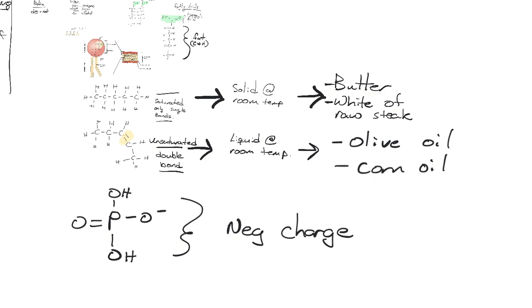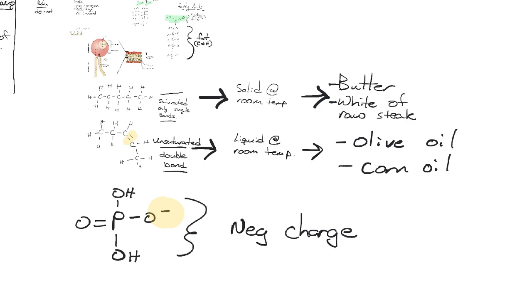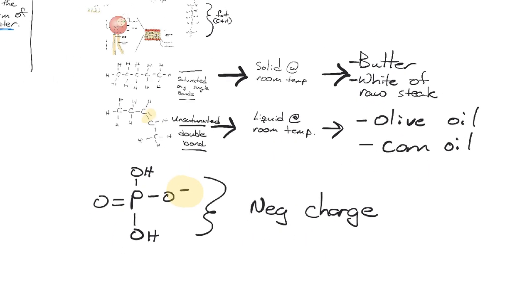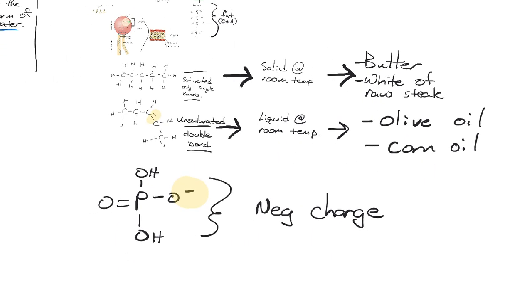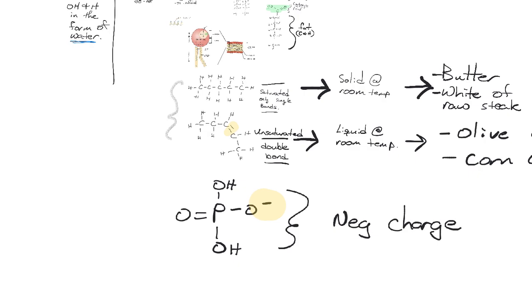Let me highlight the negative. It's a negative charge. That's going to become important. These fats, the fat part of this and the glycerol part, have no charge and are nonpolar.